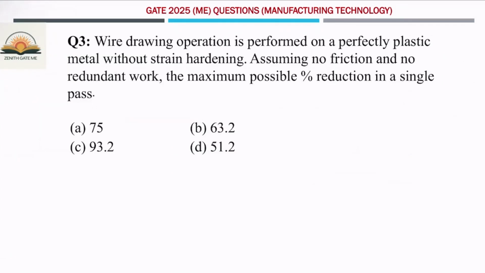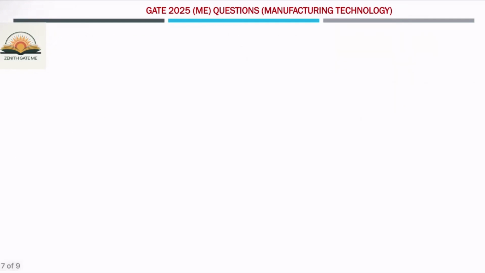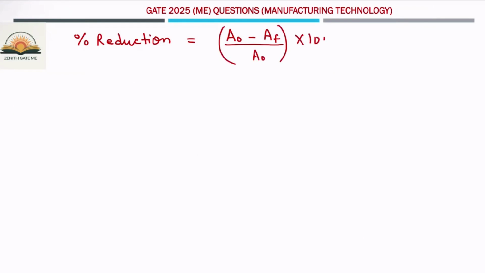Wire drawing operation is performed on a perfectly plastic metal without strain hardening, assuming no friction and no redundant work. What is the maximum possible percentage reduction in a single pass? So first of all, the percentage reduction is nothing but the original area minus final area, divided by original area, into 100.